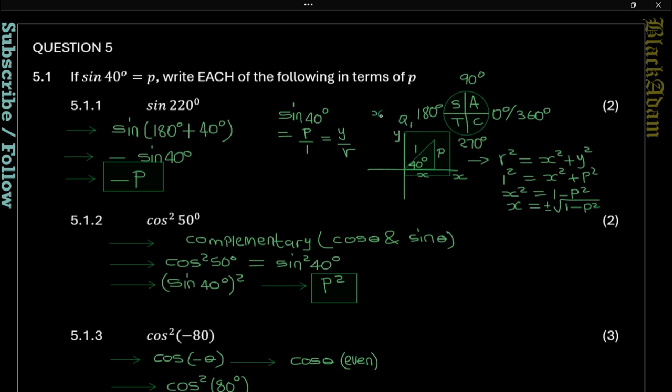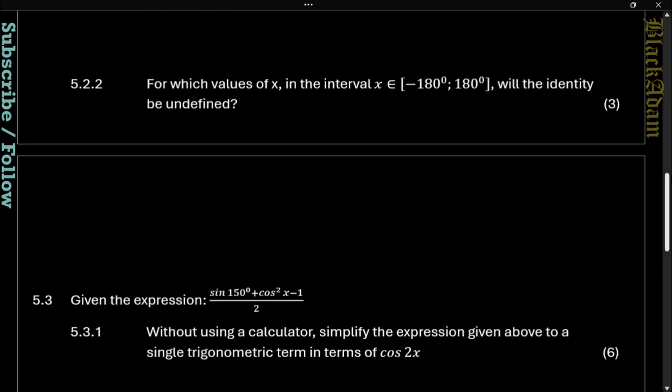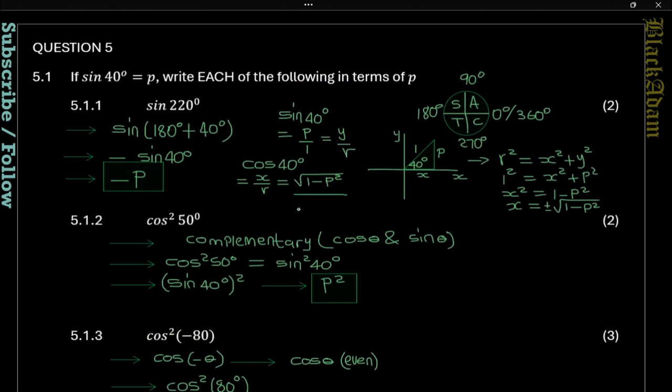And we know that it's positive, then that means it's on quadrant 1. Now cos 40 degrees is going to be x over r, so our x has been determined, and that's root 1 minus p squared, which is positive, over 1.